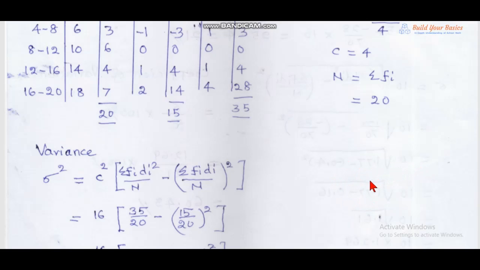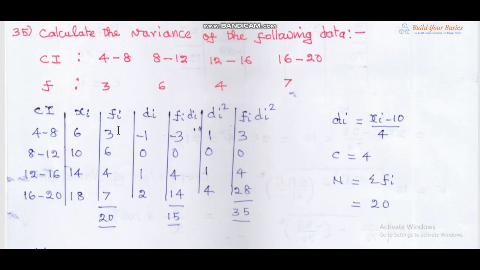Here we are doing sigma squared, so we get c squared into [sigma fi di squared divided by n minus (sigma fi di by n) whole square]. So fi column 3, 6, 4, 7, total 20, n equal to 20.